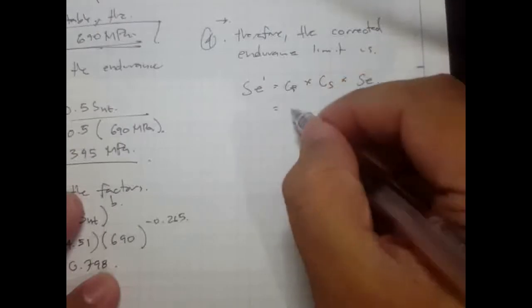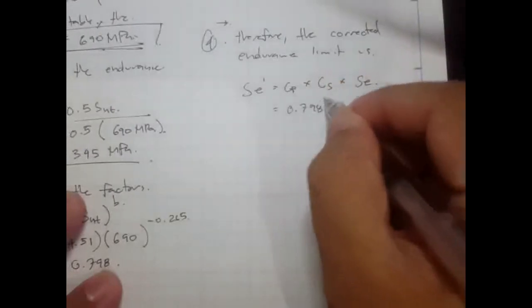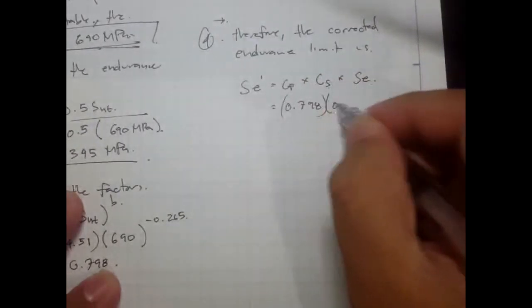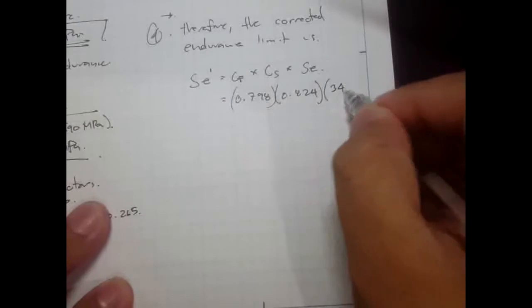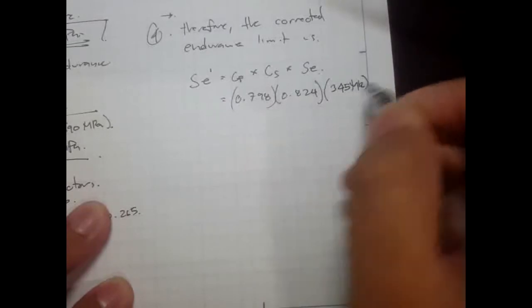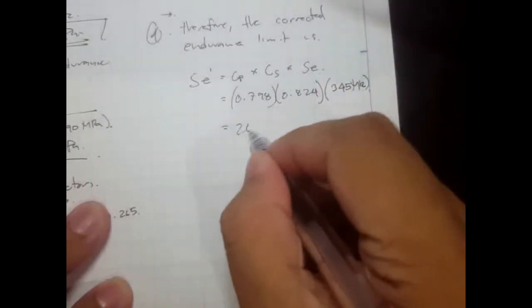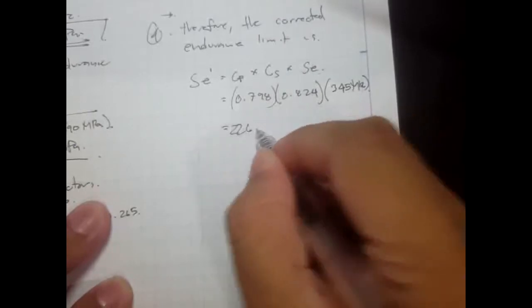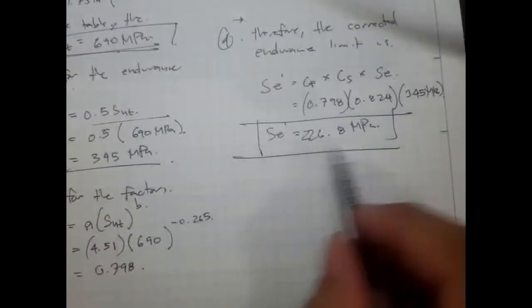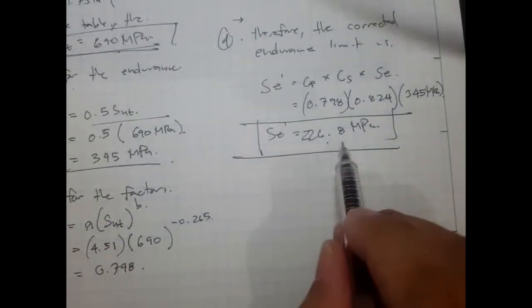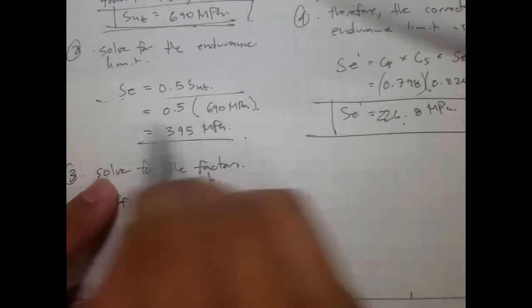So C_F is 0.798 and this one is 0.824, times the endurance limit of 345 megapascals, and this is 226.85 megapascals. If you compare, this one has a lower value as compared to the endurance limit value.